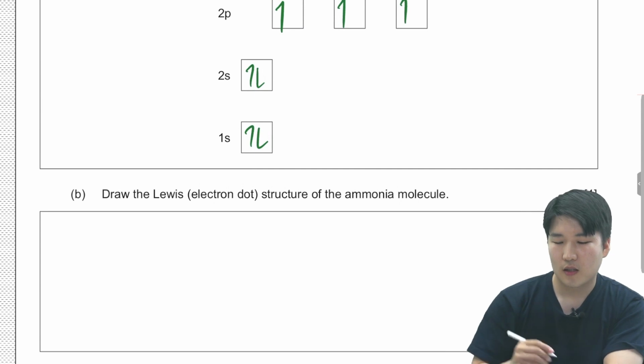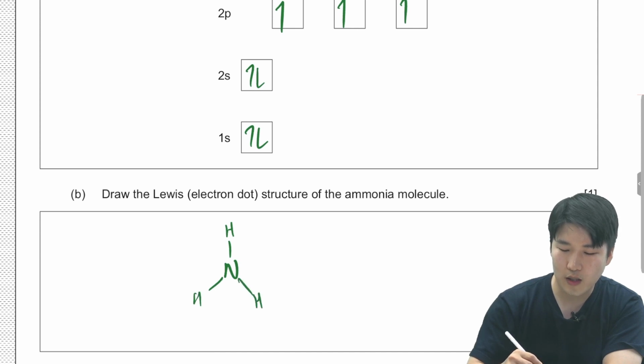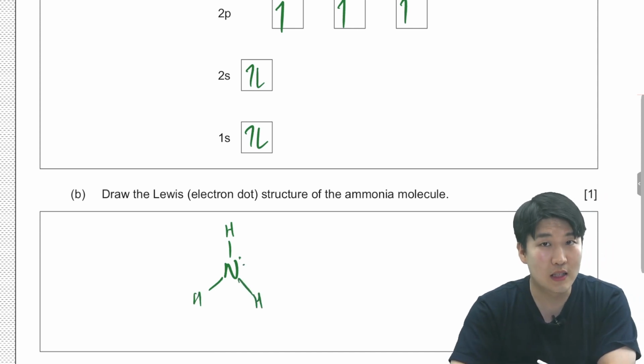Ammonia can have a Lewis structure as follows, where there's a lone pair on the nitrogen.